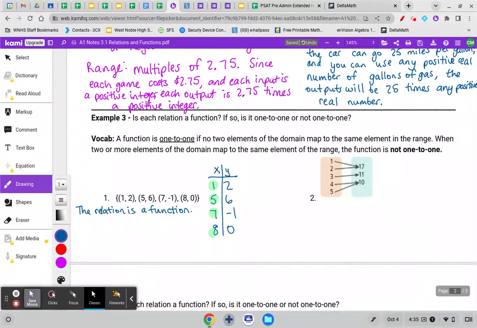And then to go beyond that, we have to decide if it's one-to-one or not one-to-one.